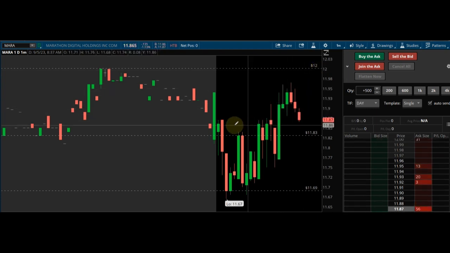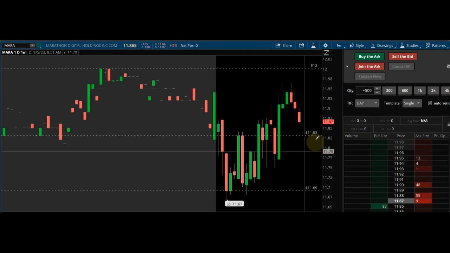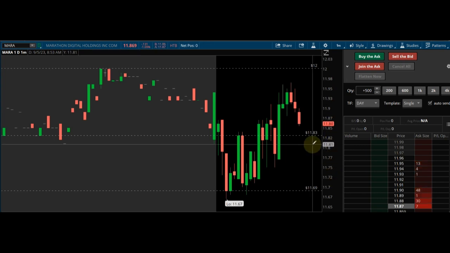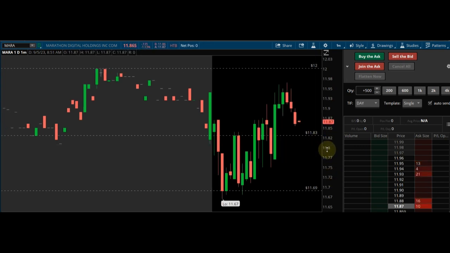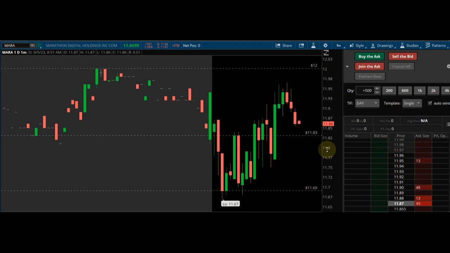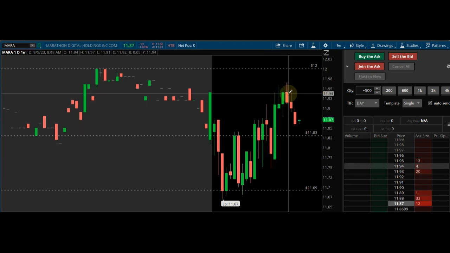So let's say the stock has been bouncing around all day long and you're stuck between levels. There's really not enough money there. Sometimes I like to change stocks and find a stock with a higher ATR, and ATR is average true range.